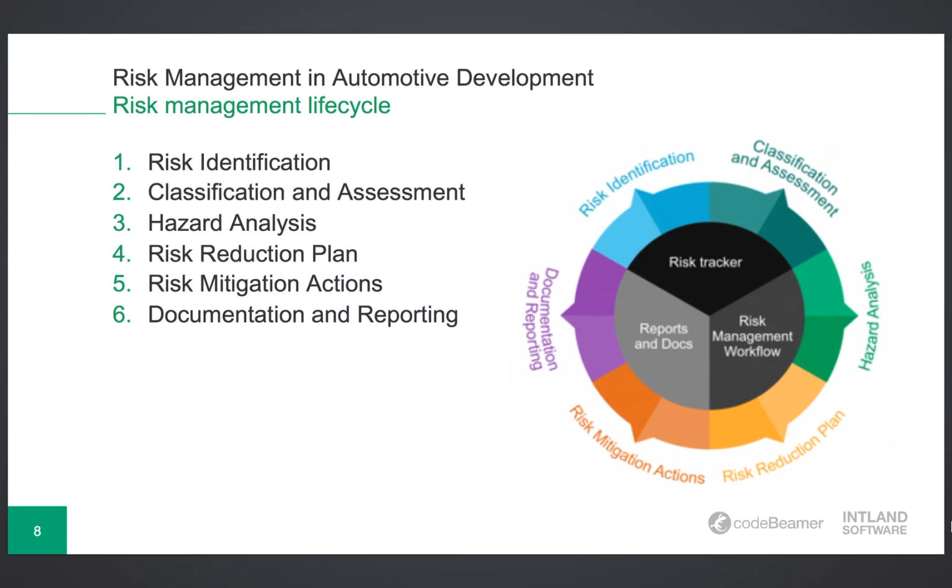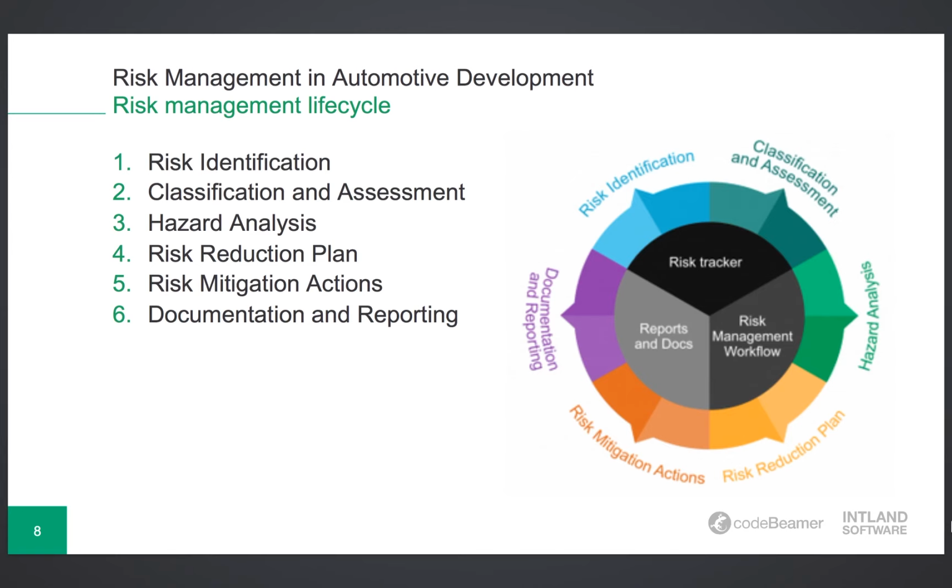Since you can never completely remove all your risks, you will have to determine an acceptable level of risk and make sure you reduce your overall risk level below this acceptable level. Last, to ensure compliance with standards and regulations, you will have to be able to document and report on your risk management processes and also on your mitigation actions.